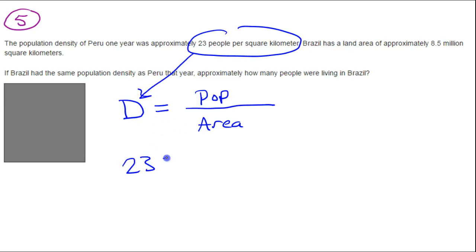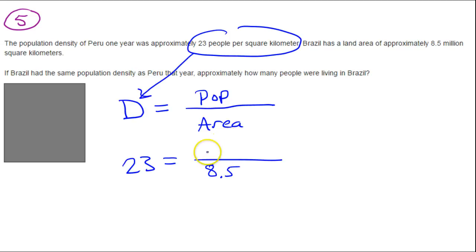So far that means we have 23 equals. We also know that Brazil has a land area of approximately 8.5 million square kilometers. So I'm going to put 8.5 million, we just know it's in millions, down here for the area. And we're supposed to be finding how many people were living in Brazil.